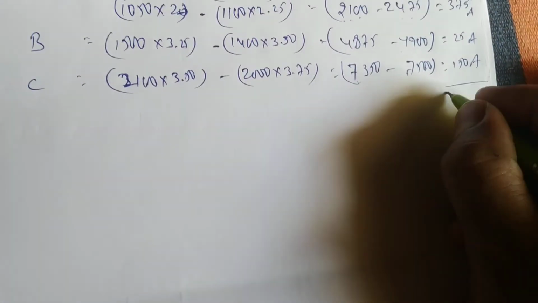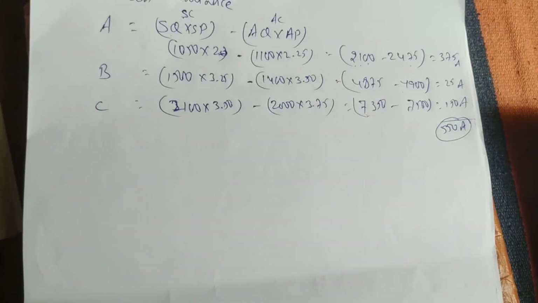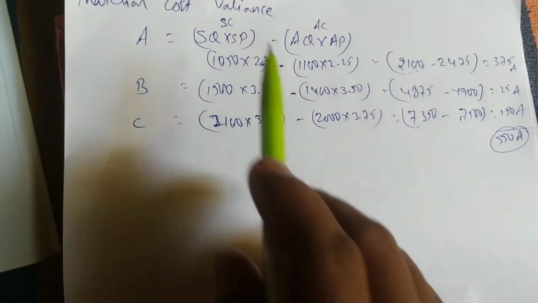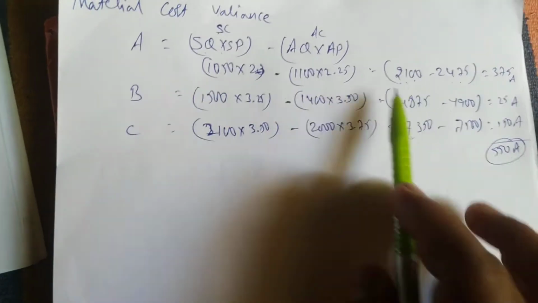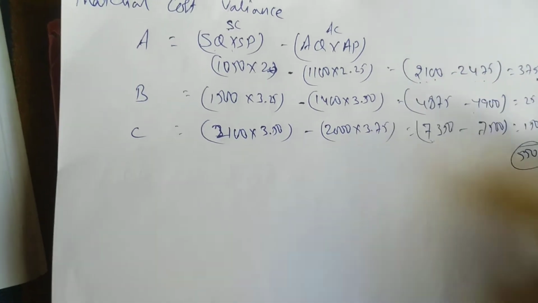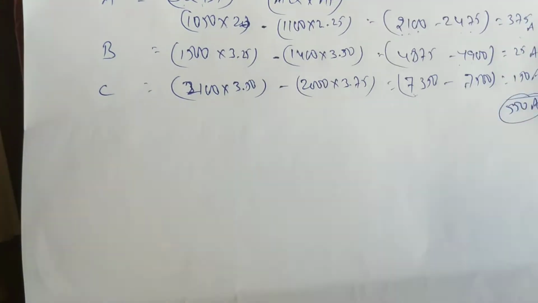So 550 adverse we are getting. So like this you have to do for all the products and get the net answer. So material cost variance net we are getting 550 adverse. For product A, product B, product C, you have to get the answer, then you have to add. We are adding because all are adverse, so you can add and write it as adverse.